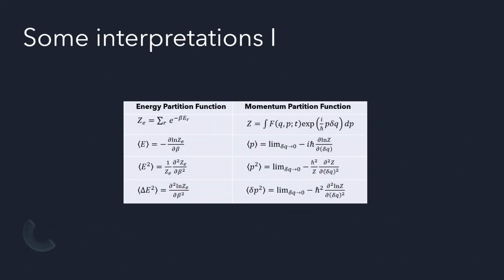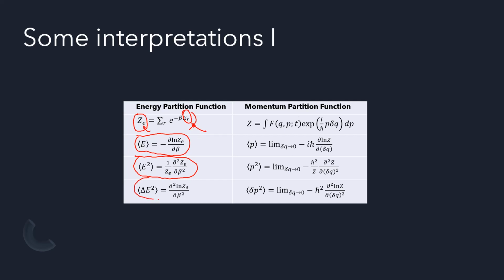Look at this. In statistical mechanics, we use the partition function, which is expressed in terms of energy, and we can calculate the average energy by just calculating some derivatives of this partition function. Of course, in this case, the energy partition function plays exactly the role of a characteristic function in terms of the energy.